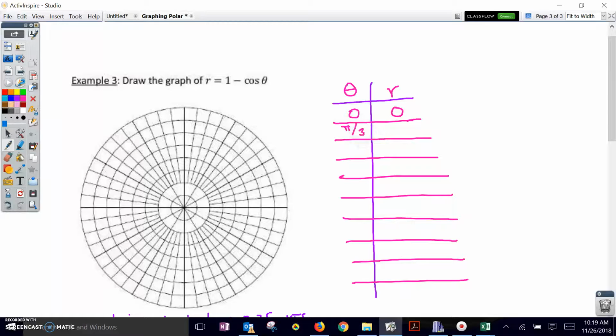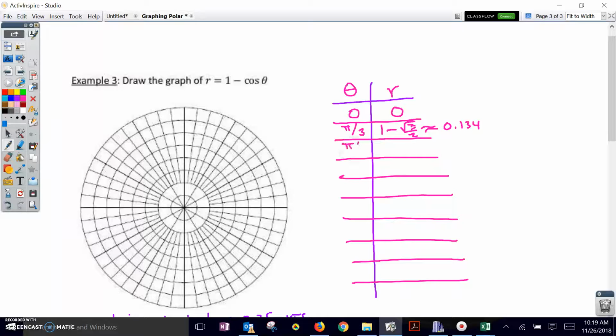At pi over 3, the cosine is square root of 3 over 2, so the radius is going to be 1 minus the square root of 3 over 2, which is approximately 0.134. You can calculate that on your calculator if you so choose.